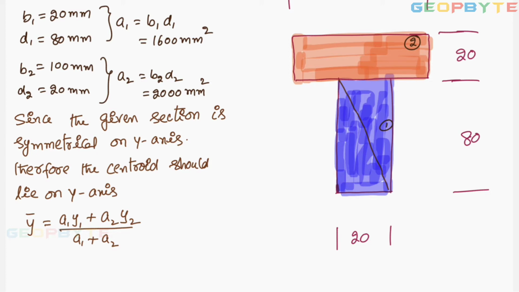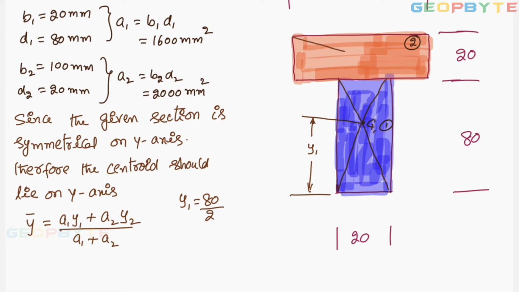Wherever the diagonals are meeting, that is the centroid denoted by G1, then I can say this is my y1. So tell me what is the y1 value? y1 equal to 80 by 2.